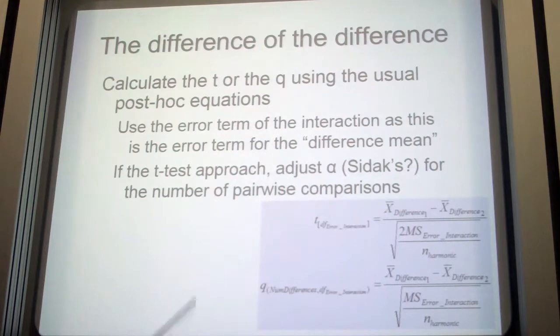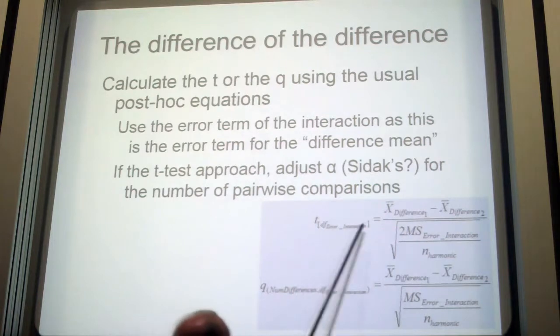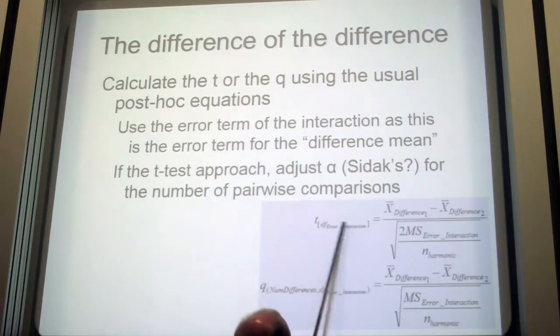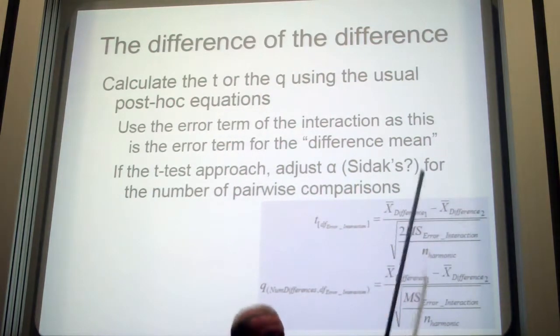Okay, and of course what we have here is an error term that comes not from the main effect, but directly from the interaction term. But other than that, we do the same thing. We look at those differences in the means, and we compare them using either a t-test, or if we're using a studentized range, Q. Okay, so we've got the error term, but now it's the error term in the interaction that we're using, the difference of 1 and the difference of 2.